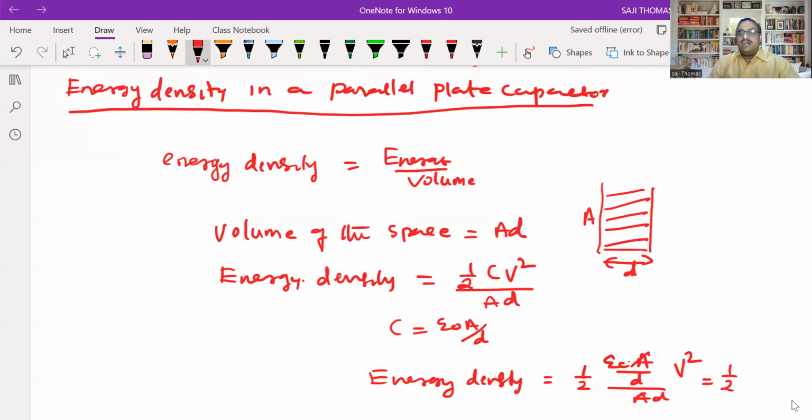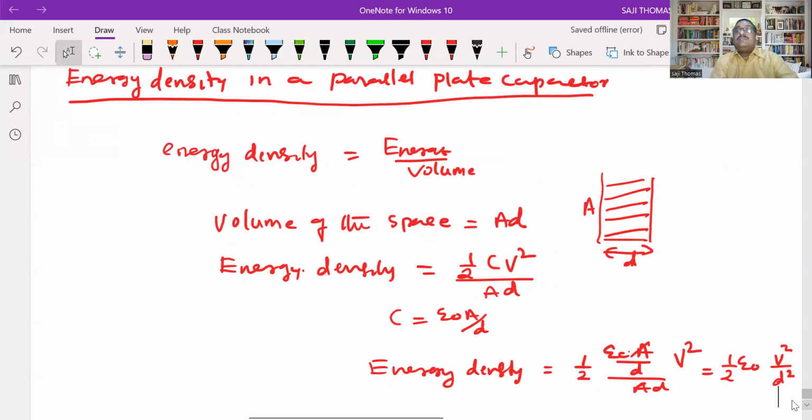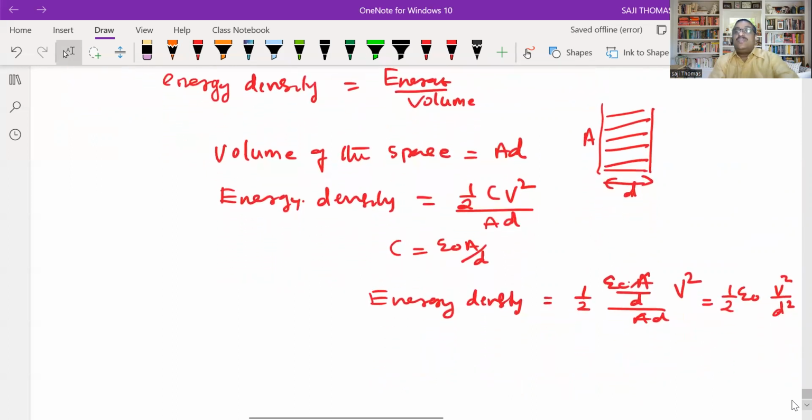Remaining quantity half epsilon 0 V square by D square. And you know, V by D, the equation for electric field, E equals V by R. So V by D is potential by distance, that will be electric field.